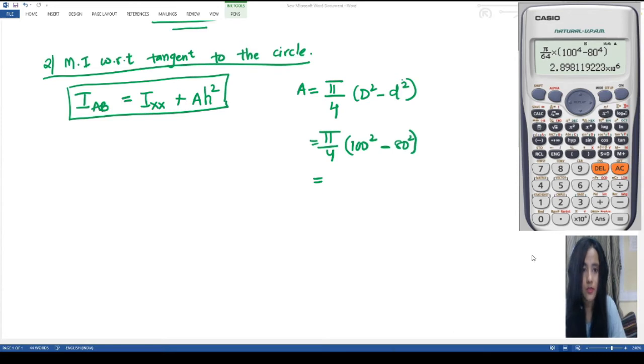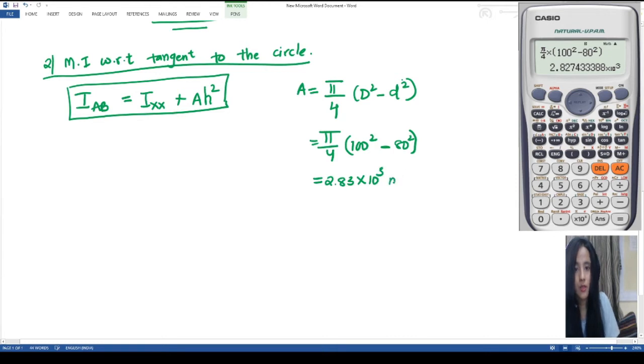Let's solve it in a calculator again. Pi by 4 into 100 squared minus 80 squared. So I get 2.83 into 10 raised to power 3 mm squared as its area. So this is its area.